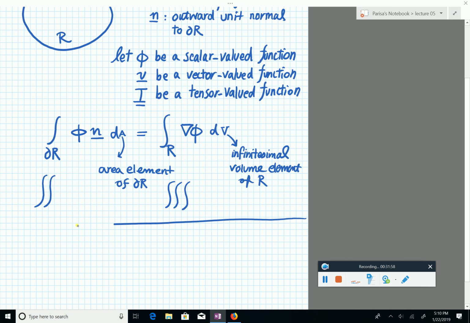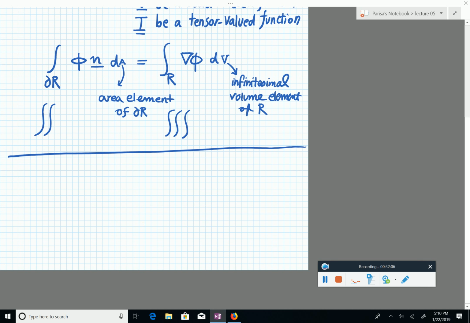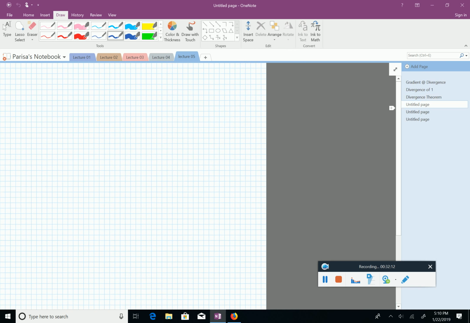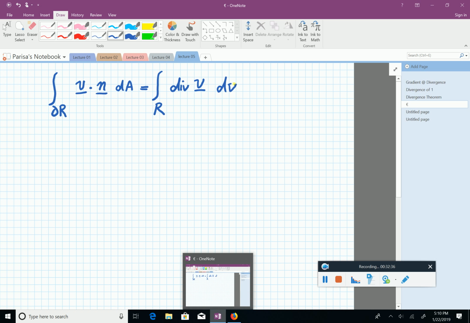For vector valued functions, the form is similar. So far we didn't see divergence. So if you look at the vector valued, maybe I switch to another page. Let me write it and then we talk about it a little bit. So here you use the divergence of V dV.